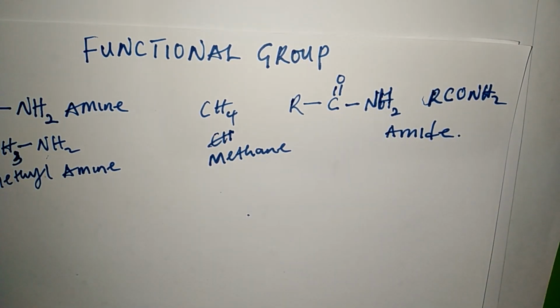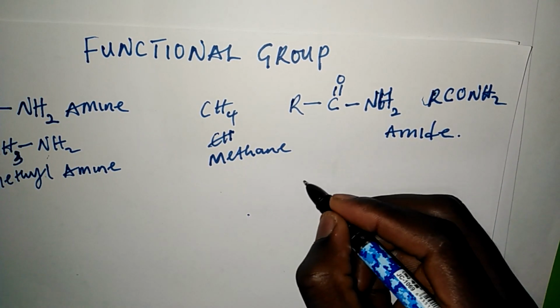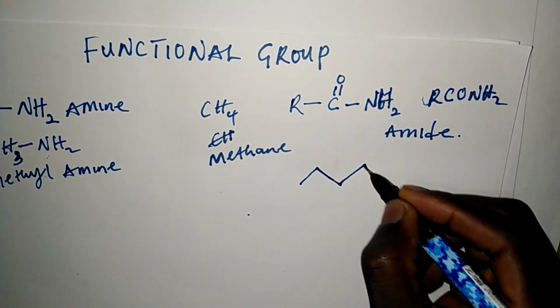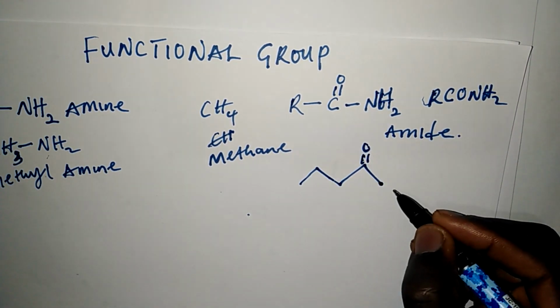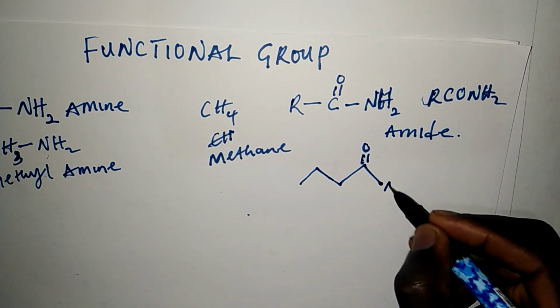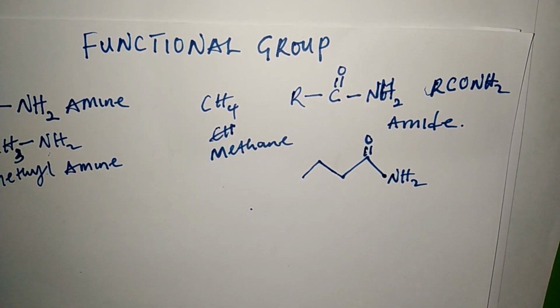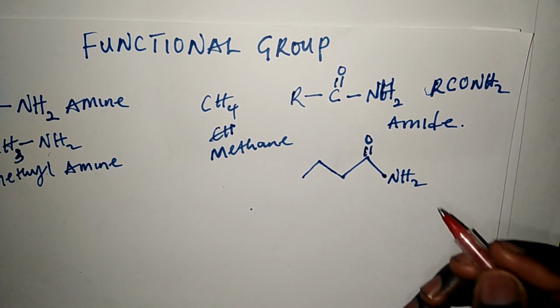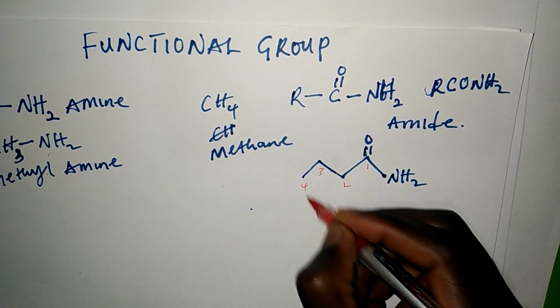Now, let's write an example of an amide. If we have something like this, then we have here the carbon that carries the carbonyl carbon. To name this compound, we start numbering at the side that contains the amide. We have 1, 2, 3, and 4.